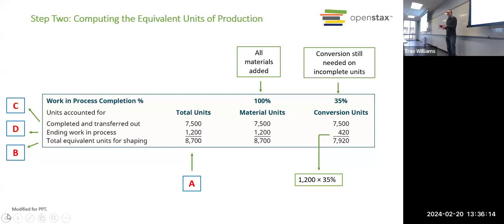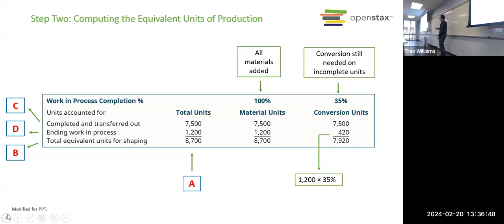Yeah, they need to be done, right? All the labor, all the overhead that this department is going to contribute has to already have been done. So you're always going to see the completed and transferred out is going to be the same number in all three columns. Okay, so that kind of makes it easy. These two columns are always the same, and this row is always the same number all the way across.